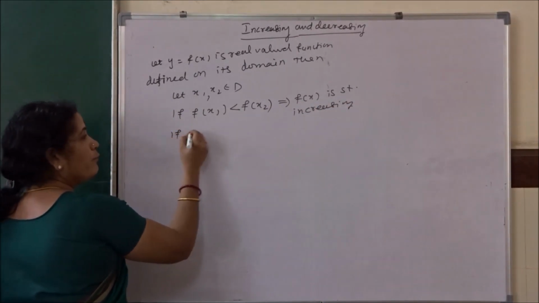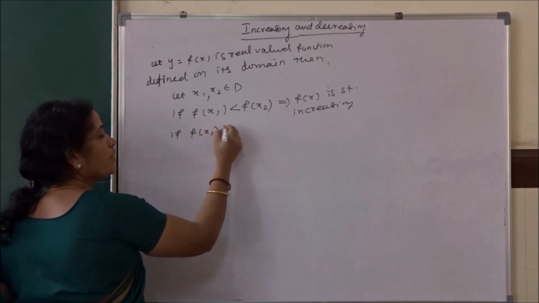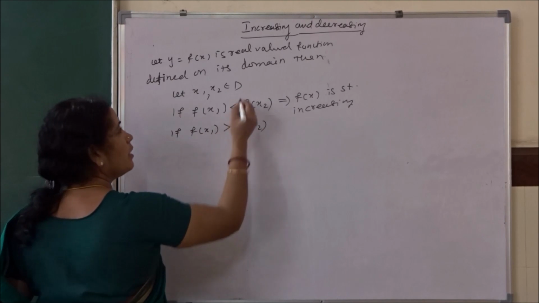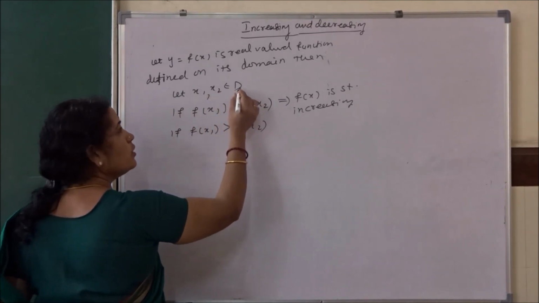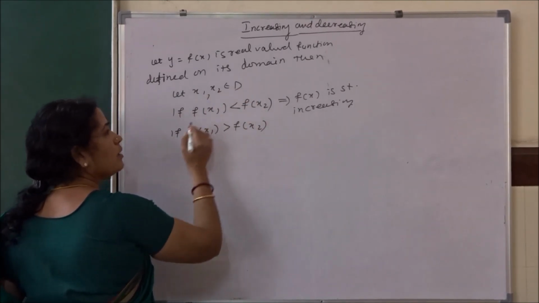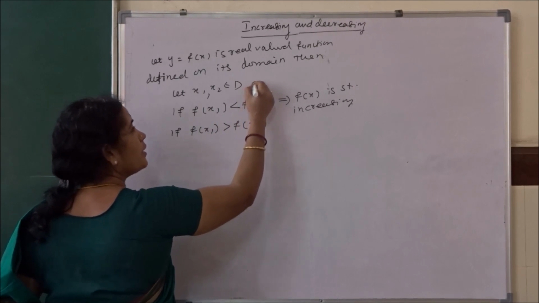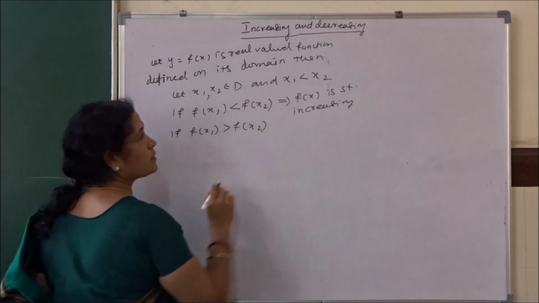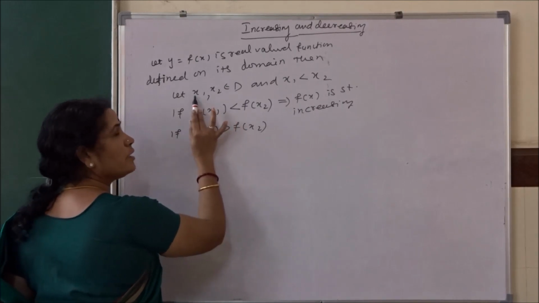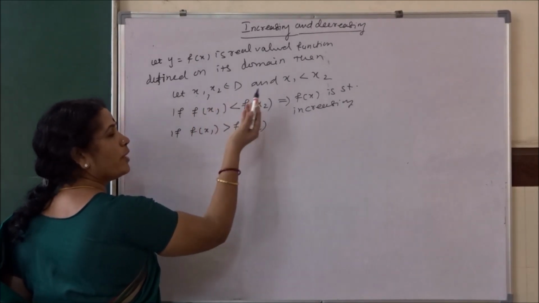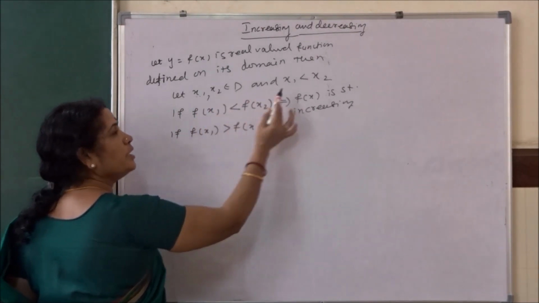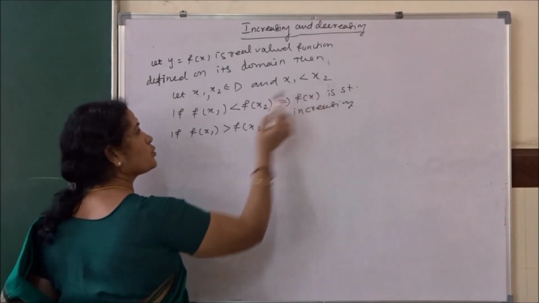Now, if f of x1 greater than f of x2, we are taking x1, x2 belonging to this domain D, with x1 always less than x2. For example, we take any two real numbers, with the condition always x1 less than x2.